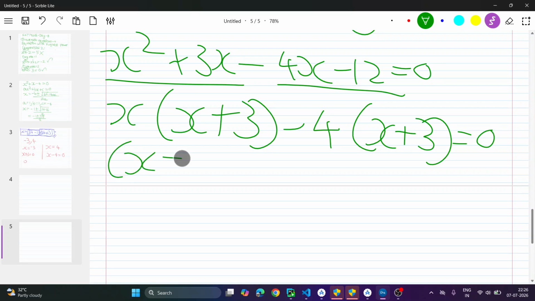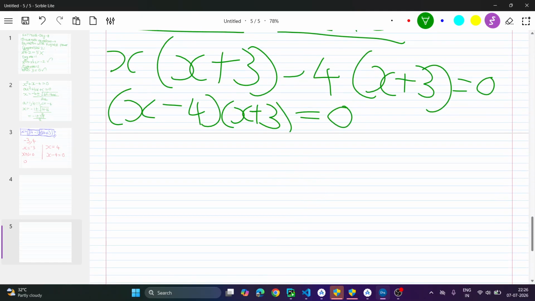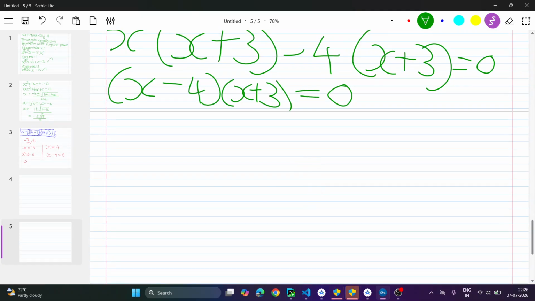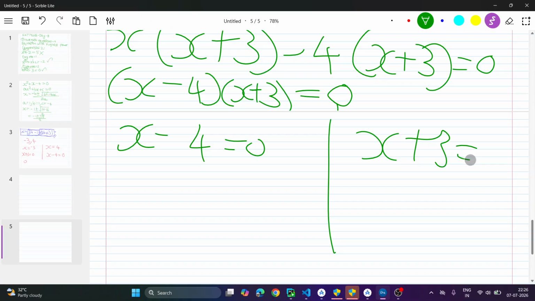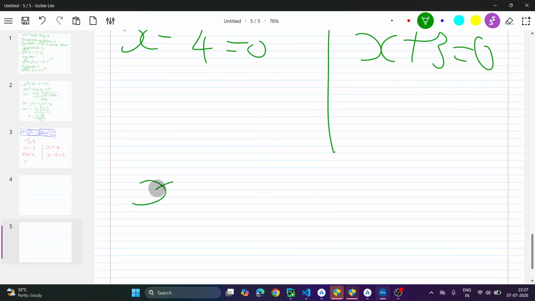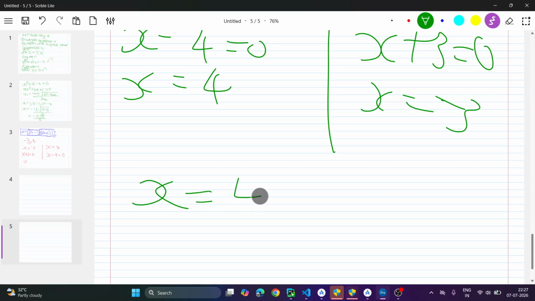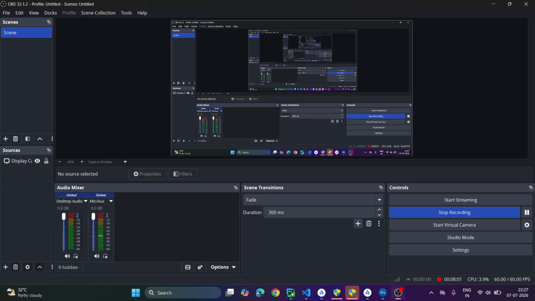So x minus 4 into x plus 3 equals 0. So now this is the final result. You say x minus 4 equals 0 and x plus 3 equals 0. So finally x equals 4, x equals minus 3, and that's it. You're good to go, right?